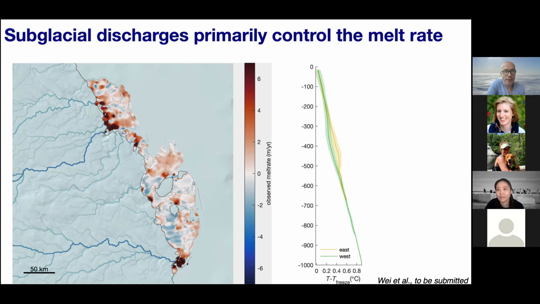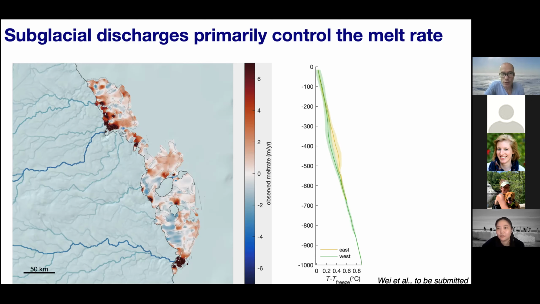Yeah, hi, Wei. Hi, Patrick. I was wondering, you showed the results of how the ice shelf contributes freshwater flux to the ocean. Do you have a sense of how much freshwater flux from the ice shelf is compared to just the net mass loss, for example, regionally to the ocean?